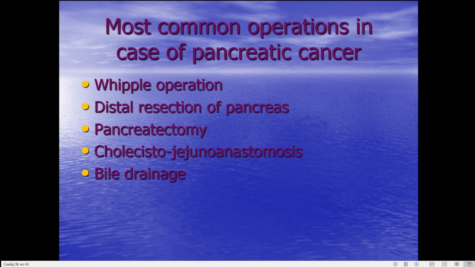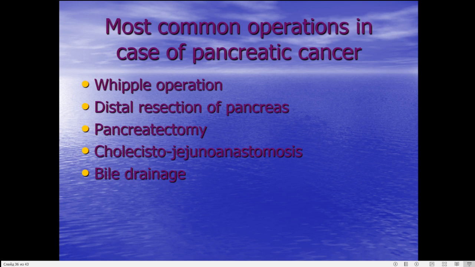Most common operations in case of pancreatic cancer depend on localization of the tumor. On head of pancreas, we do Whipple operation. Whipple operation includes the head of pancreas, duodenum, distal part of common bile duct, and part of stomach.